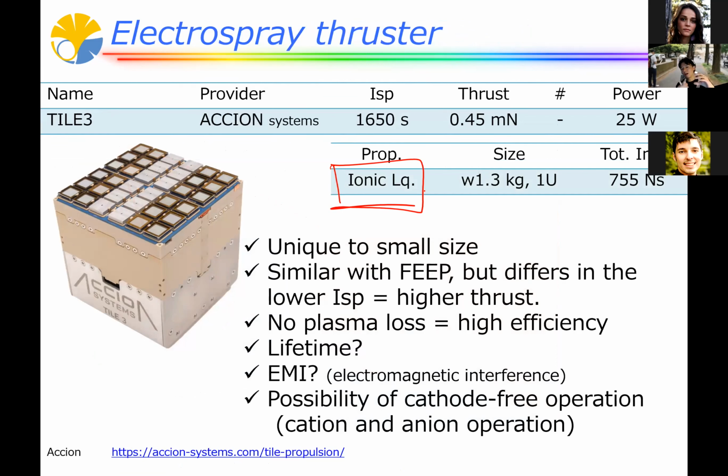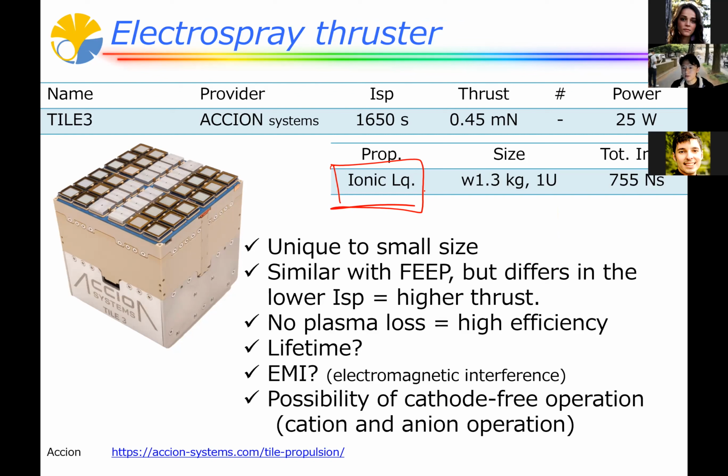To extract ions from the liquid, they need a very small structure, a very thin needle, and that is compatible only with micropropulsion. In the case of a standard-size big propulsion system, this technology is not so adequate. So I can say that it's unique to small size.